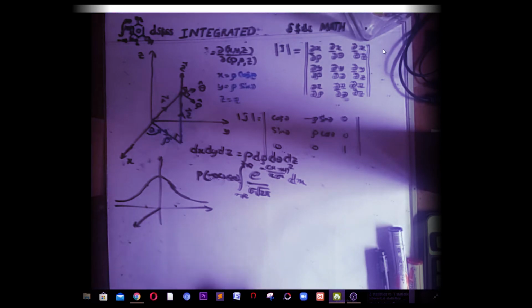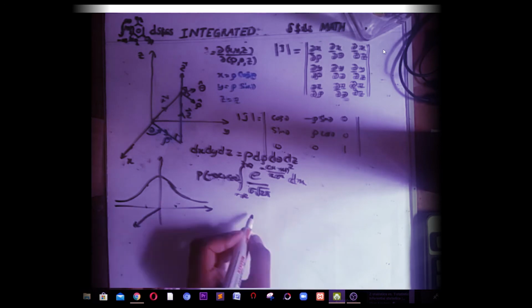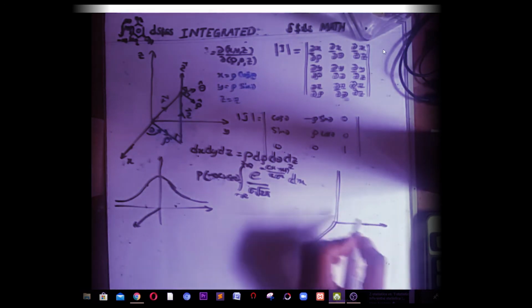By the usual path you are not able to evaluate this, so you need to rotate the function about the z-axis. You would be seeing this type of solid.